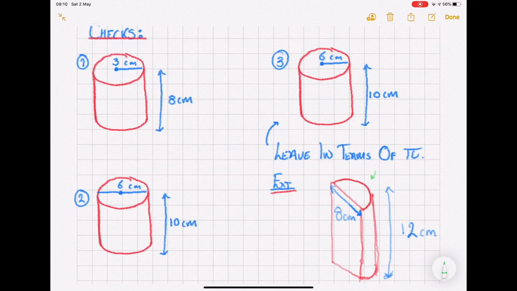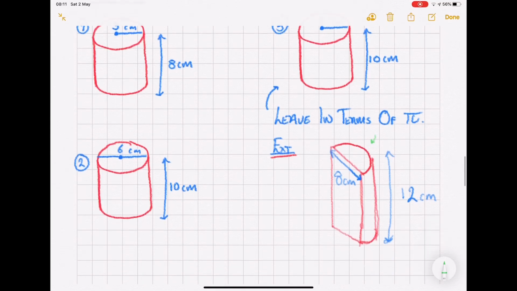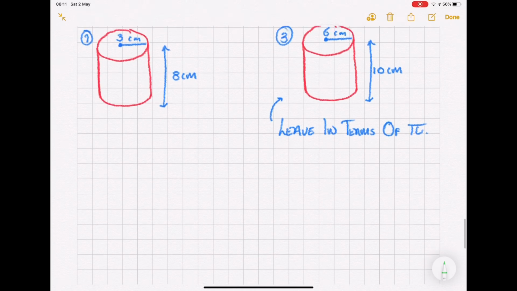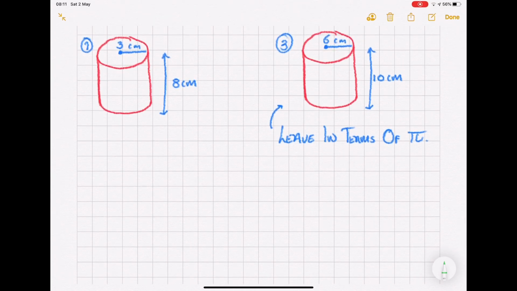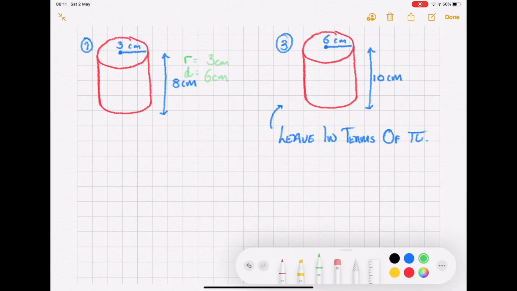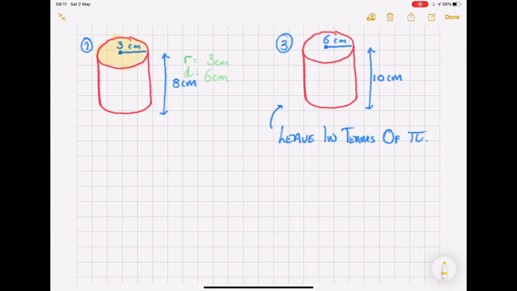Okay, fantastic. Let's go through the answers. Let's go through the first question. I've just got it down here just so we have a bit more space. So, first things first, radius and diameter. Radius is 3 centimeters, diameter is 6 centimeters. So let's find out the area of the circle, the cross section. Okay, and we do that by area equals pi times r squared.